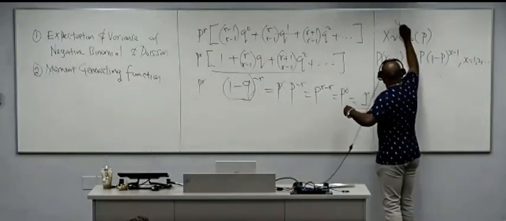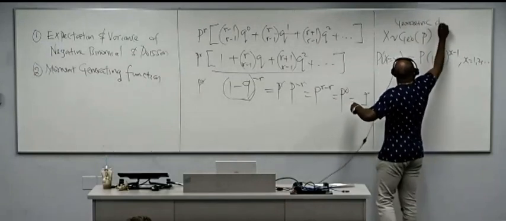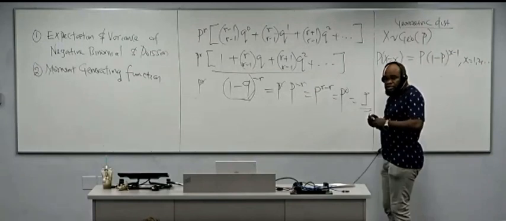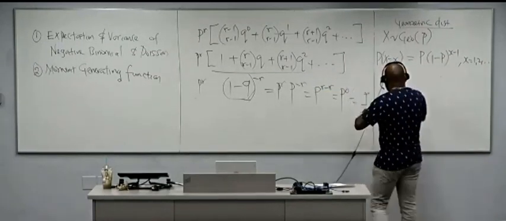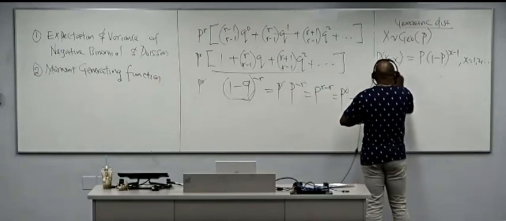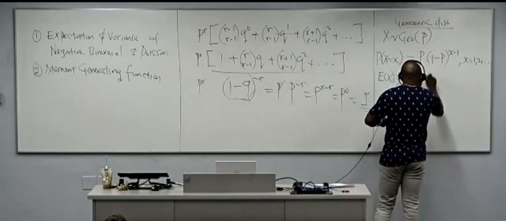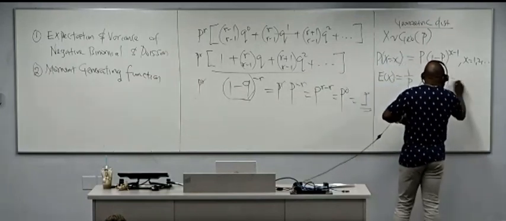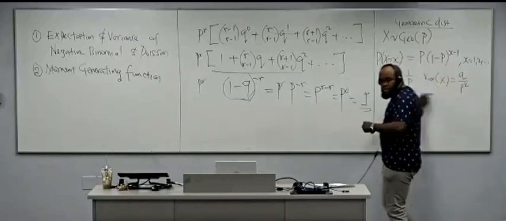Don't forget, geometric distribution is a special form of negative binomial, and you already know that we derived the mean here to be 1 over p, the variance here to be q over p squared.